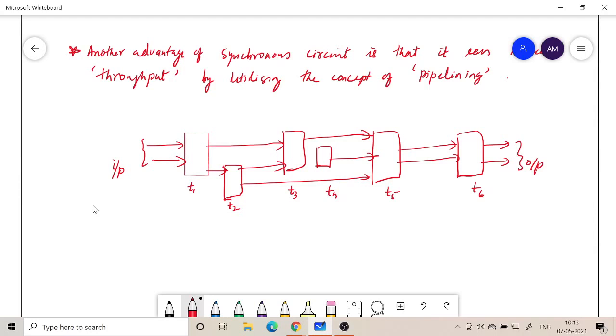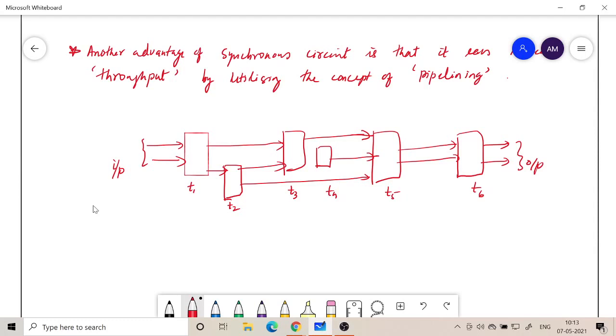So for ensuring the correctness of the output, I need to wait at least a time period which is the sum of all these propagation delays of the individual blocks. Only after waiting that much time can I give the next input. I cannot give it before that, because that will interfere with my earlier input, and the output is then going to be uncertain.